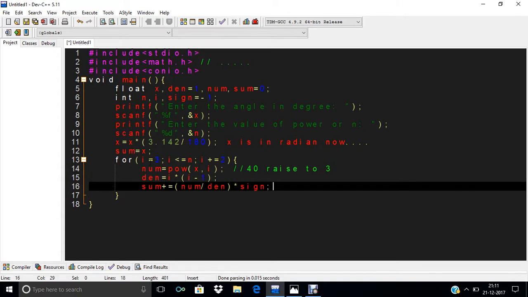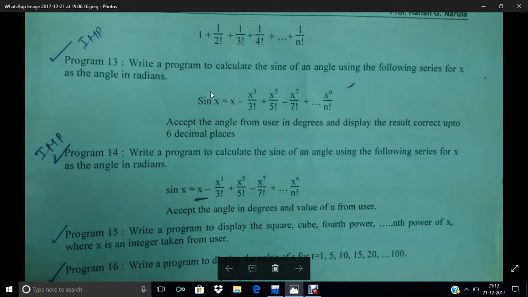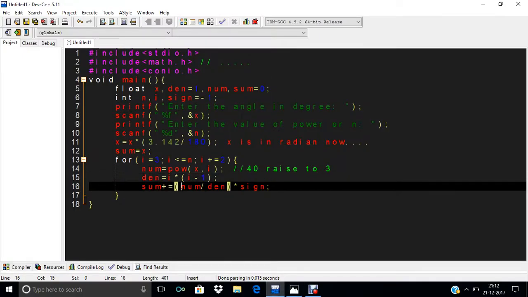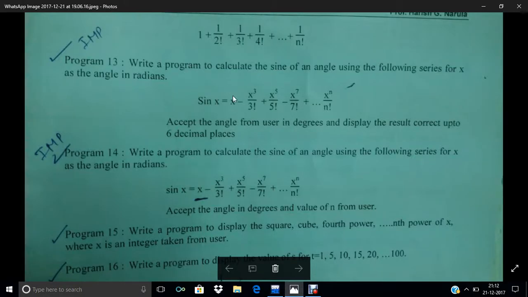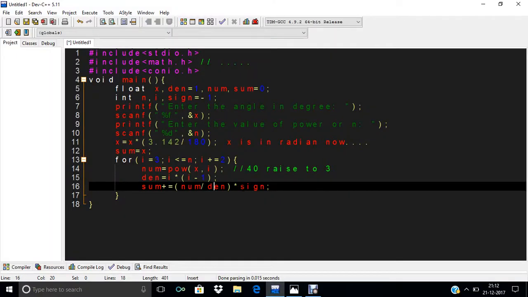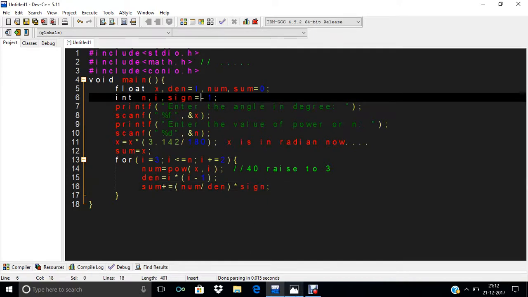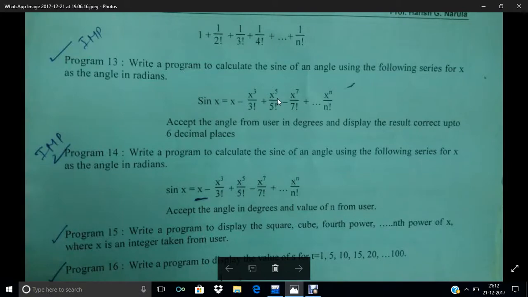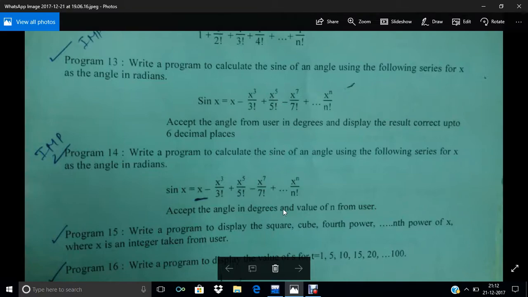In the first iteration, the first term x has already been stored into the sum. Now we want the value of x raised to 3 upon 3 factorial, which has been calculated by num and den, num by den. But while adding it into the sum, we want the sign negative in front of it. So this variable sign will do that, since it has already been assigned -1. But another problem is that in the next iteration, when i equals 5, we want a positive sign, and again a negative sign.